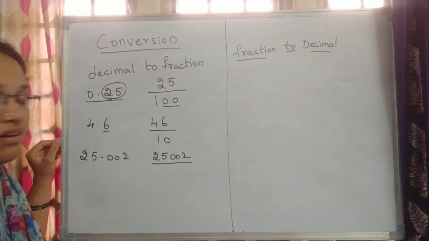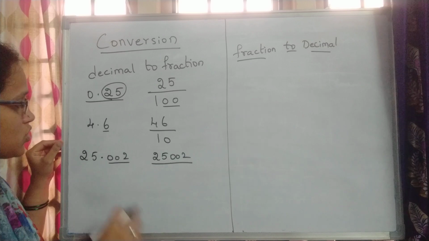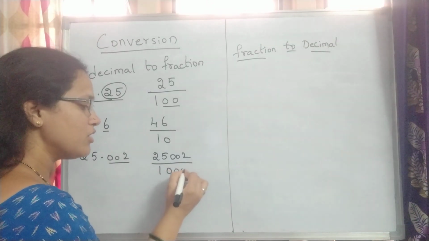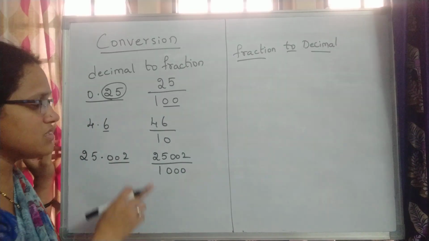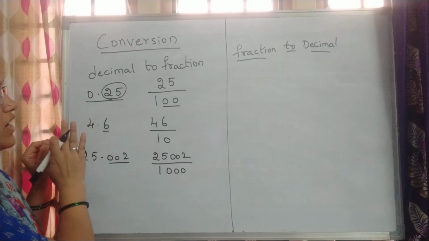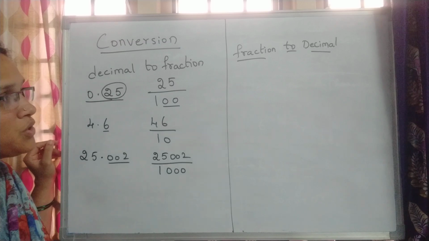That makes the numerator, and for the denominator count how many decimal places there are. As there are 3 places here, the denominator should be given 3 zeros, which means 1000. That is 25002 by 1000. So this is how you convert decimals to fractions. I hope I am clear to you.